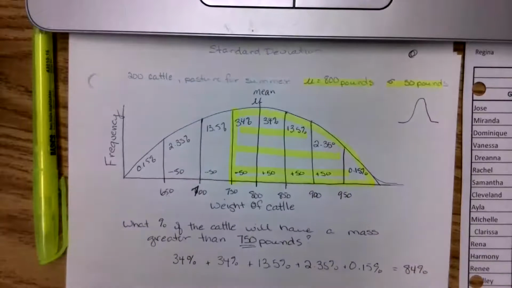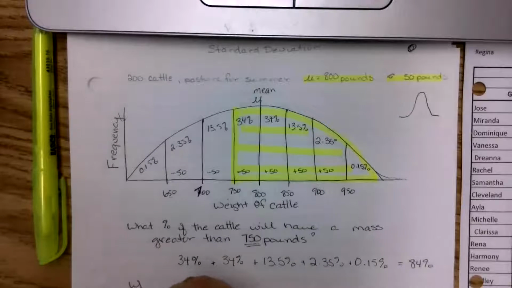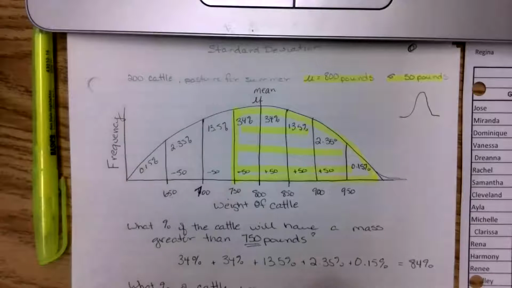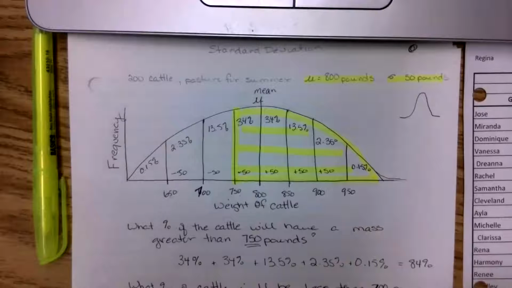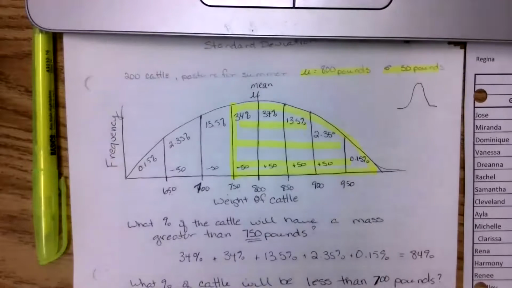All right, let's do another one. What percent of the cattle will be less than 700 pounds? Okay.